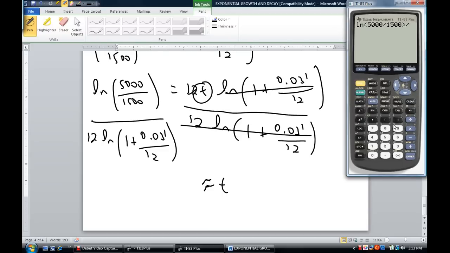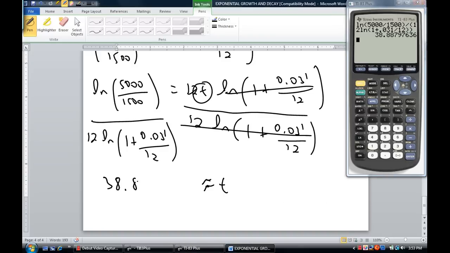We're going to divide that by, I'm going to use parentheses, so I'm going to put all that in one big parentheses. 12 natural log of 1 plus 0.031 divided by 12. Closing it for the natural log. Close it again for the denominator. Enter. Ooh, what was that? Ooh. Don't need that. Delete that. Enter.